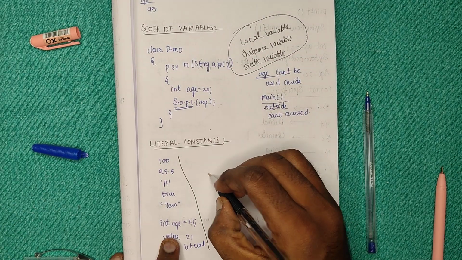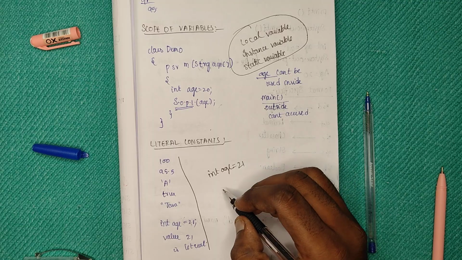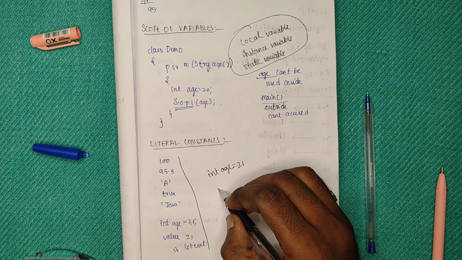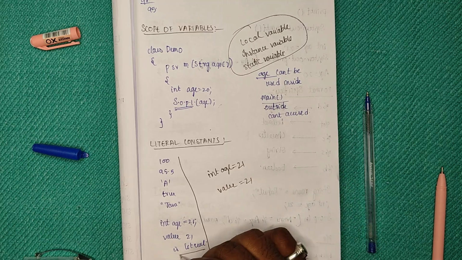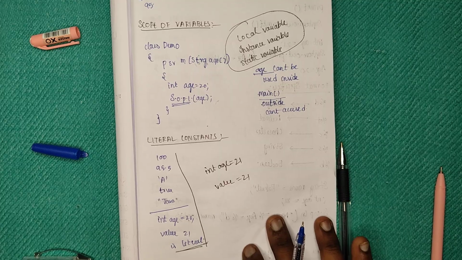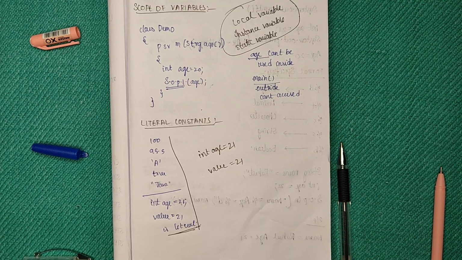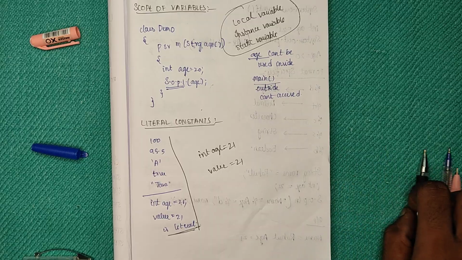For example, if I have written int age = 21, the value 21 is a literal. So now let's dive into the symbolic constants.